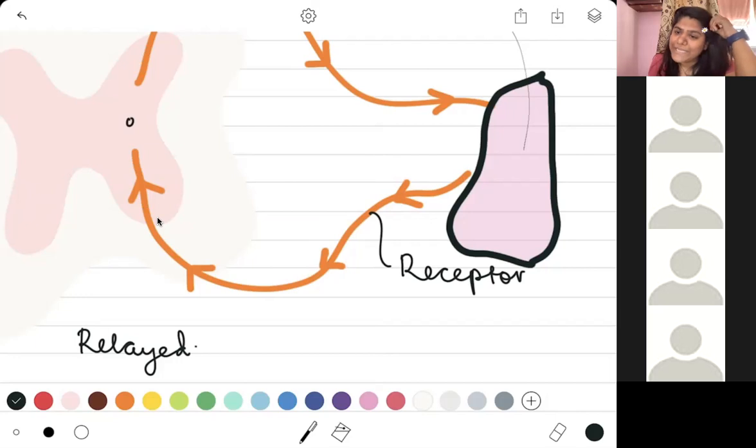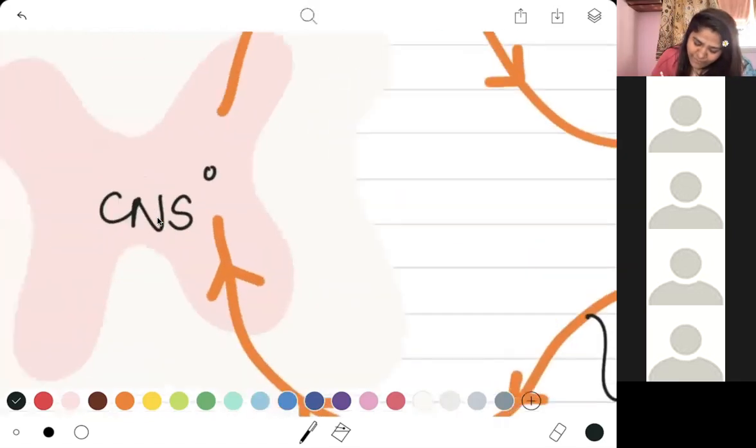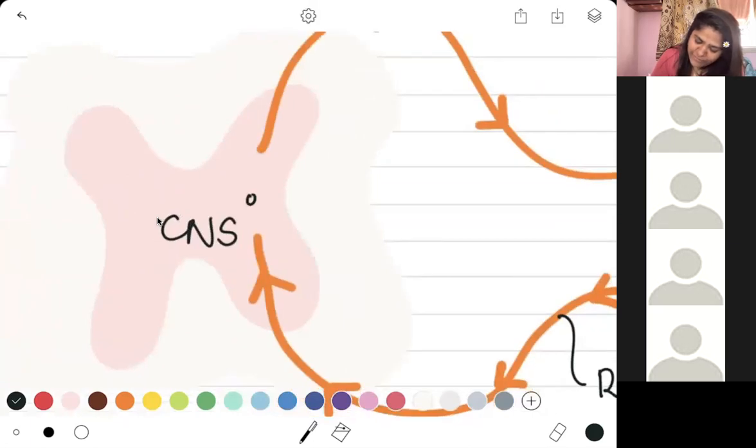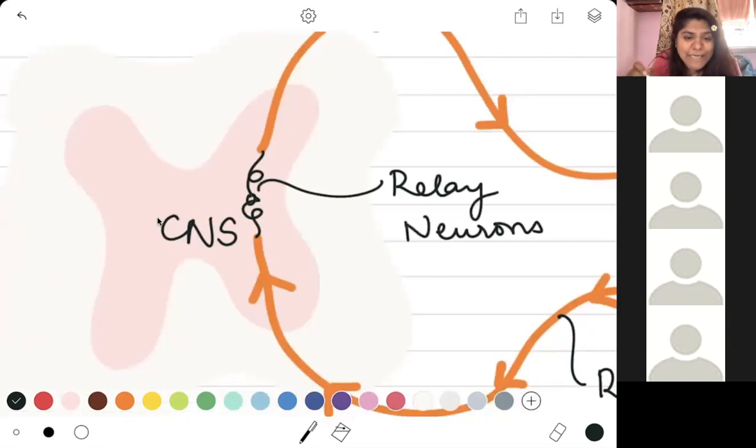Once this message has been relayed over here, because we know that there is not ample time for you to react, what is going to happen? Your spinal cord, which is a part of your central nervous system, is going to come into action. You are going to have these neurons over here, which are also called your relay neurons. These relay neurons take your actions into accordance.